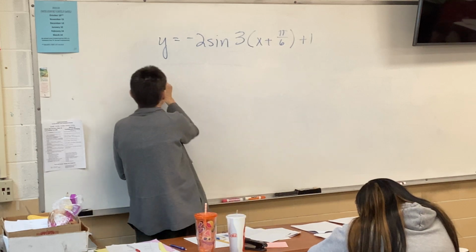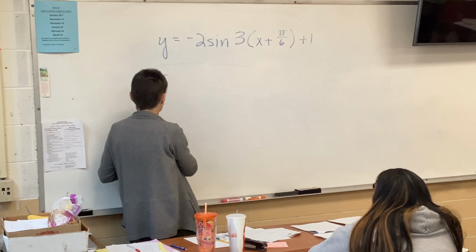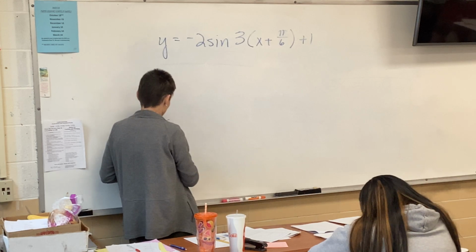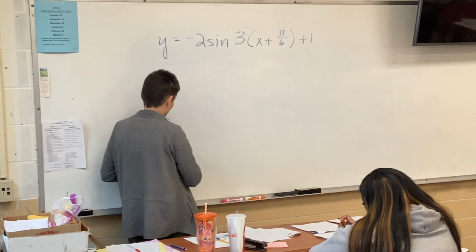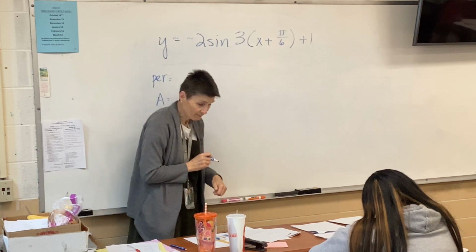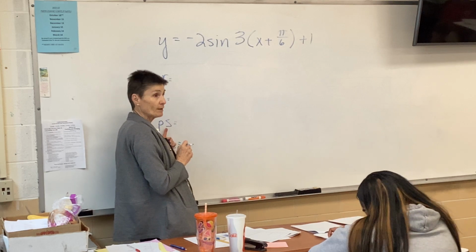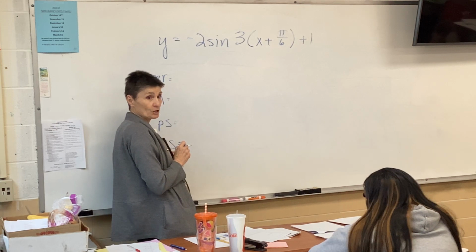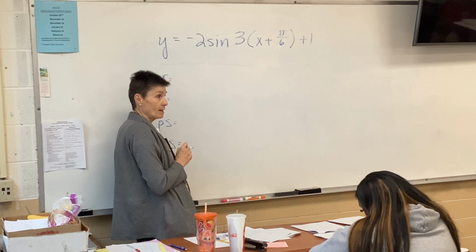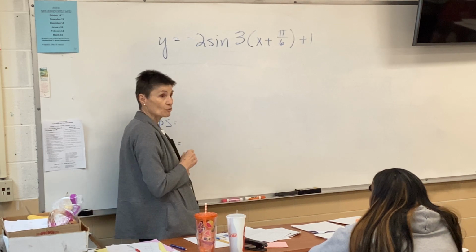A lot going on here. Just make sure you understand all my hieroglyphics here. Period, amplitude, phase shift, vertical shift, frequency. I don't think we talked about that yet, so we will. But let's see if we can get this picture drawn first.